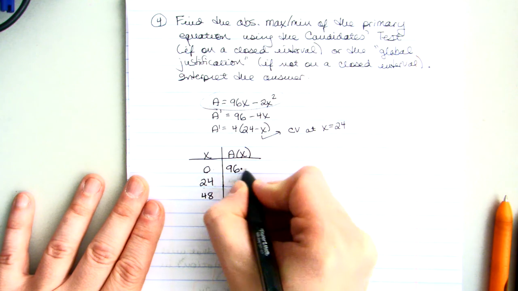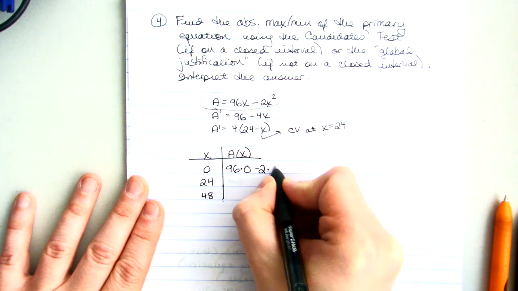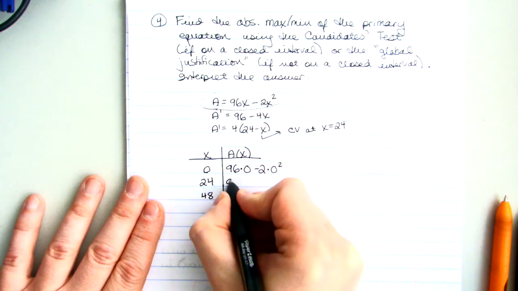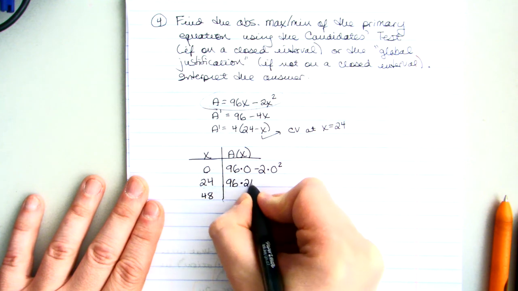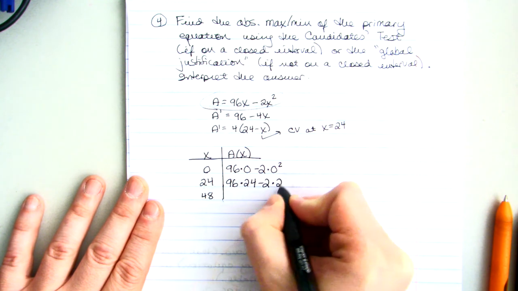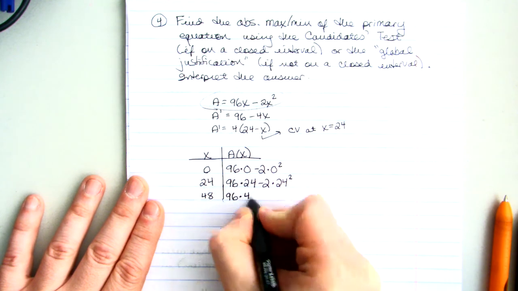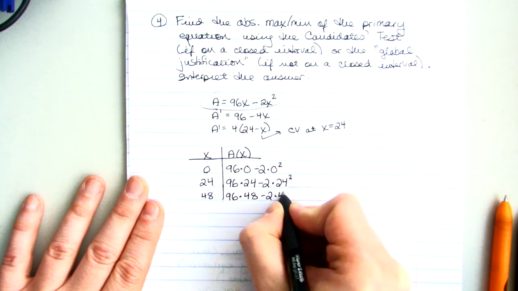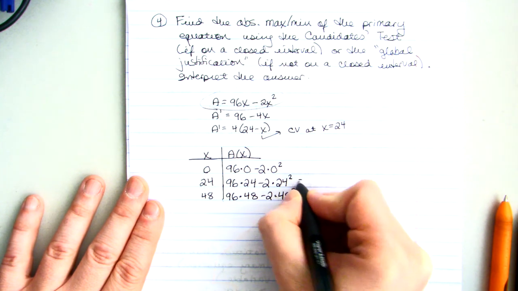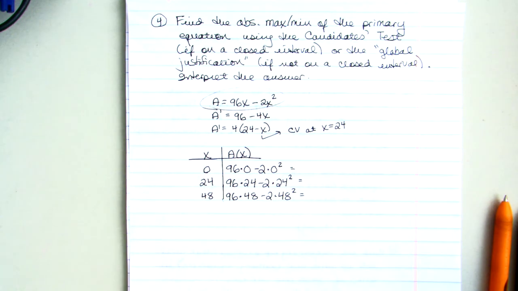We're going to get 96 times 0 minus 2 times 0 squared; 96 times 24 minus 2 times 24 squared; 96 times 48 minus 2 times 48 squared. Yes, we're going to use a calculator for this.